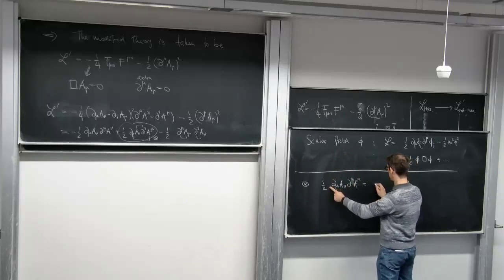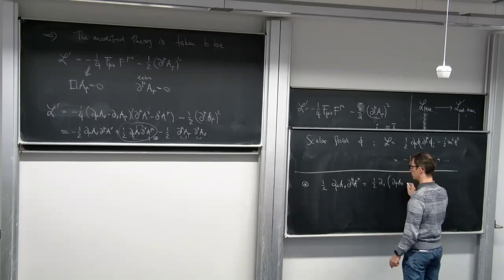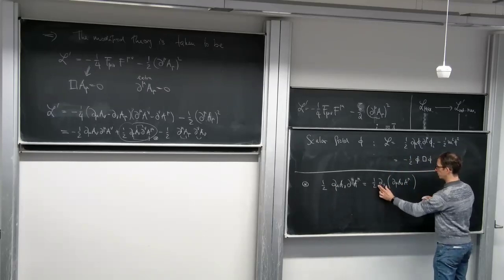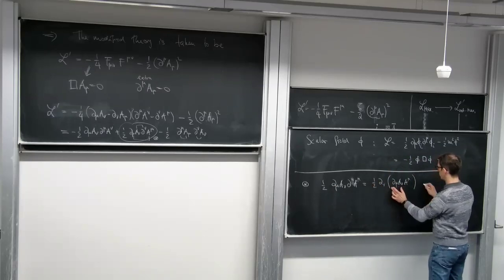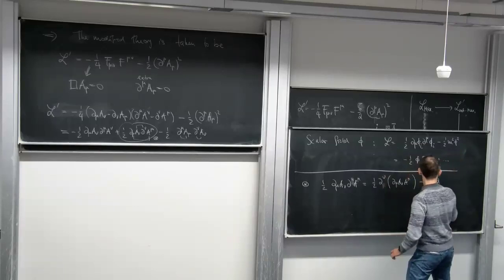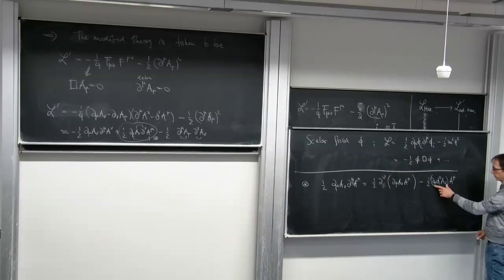Then we have 1/2 ∂_μ (∂^μ A^ν A_ν). So if I multiply this out, this gives the second term, but I don't have the other one, so I subtract it. So it's minus 1/2 ∂_μ A^ν ∂^ν A_μ, right? So this is the partial integrated one.